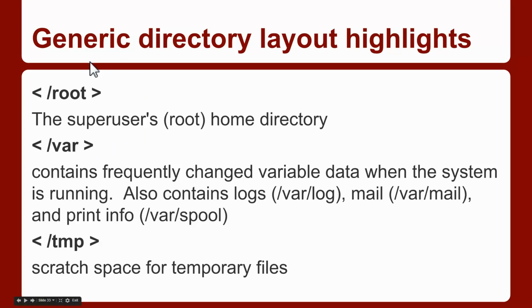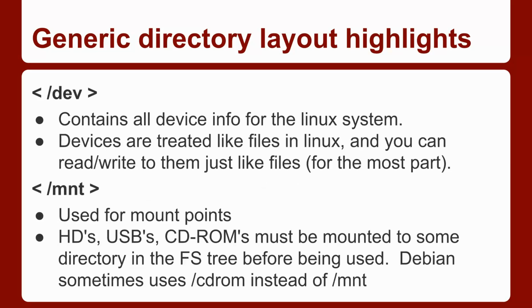Instead of /home/root, it's just /root. /var contains the frequently changed variable data when the system is running. It also contains logs, which is very important for security and also important to attackers for covering their tracks. /tmp is the scratch space for temporary files.